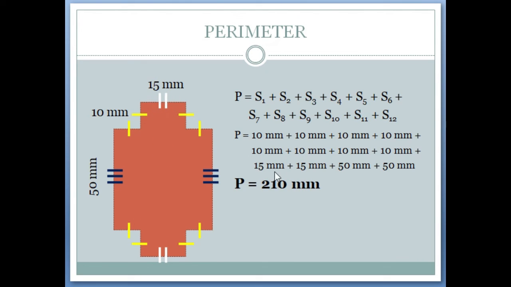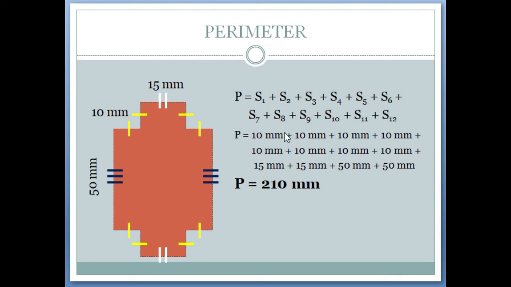So, 15 millimeters plus 15 millimeters, and yung magiging 11th side natin at saka yung 12th side natin will be 50 millimeters. So, add na natin plus 50 millimeters plus 50 millimeters. Kasi dalawa silang 15, tatlo yung 50, at 8 yung may measurement na 10 millimeters. So, i-add nyo lang yan lahat.